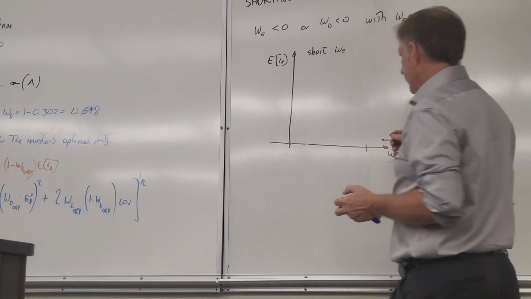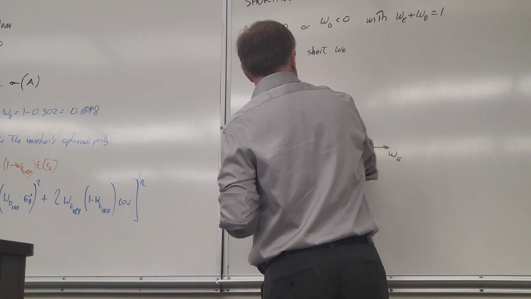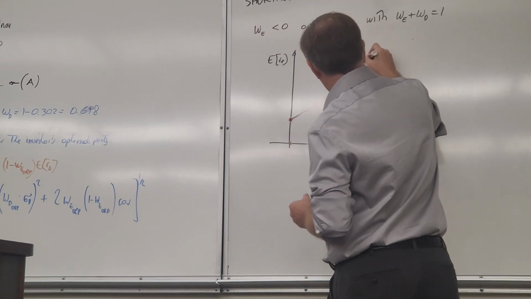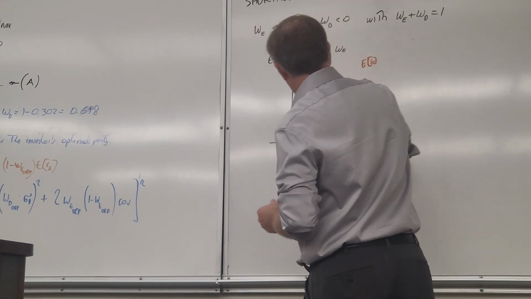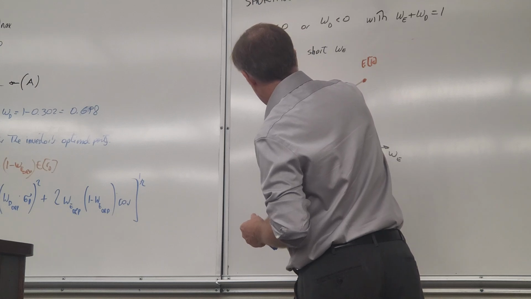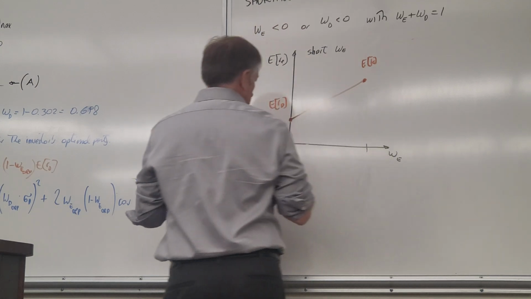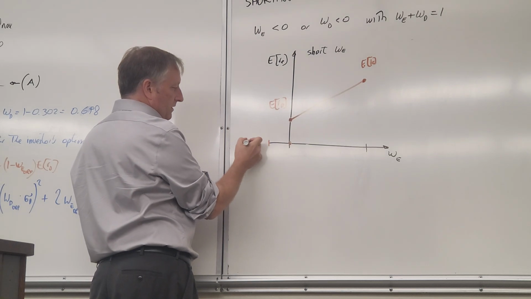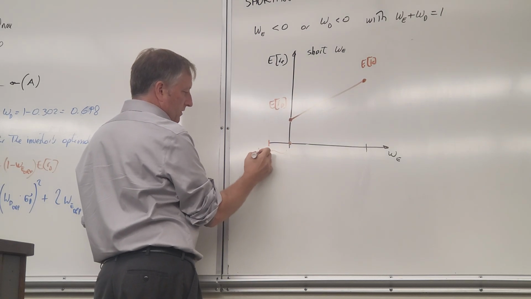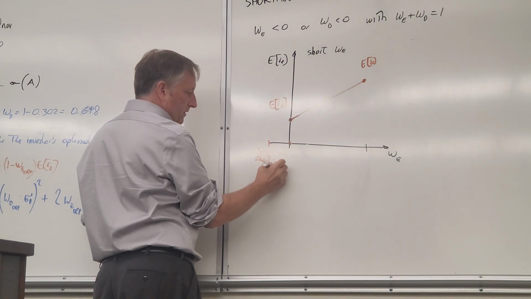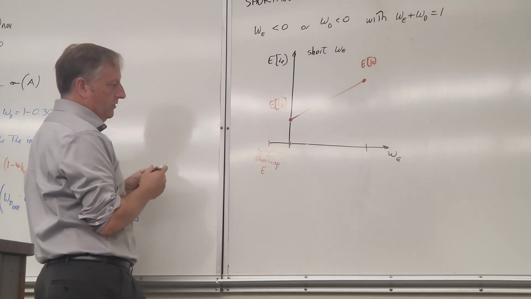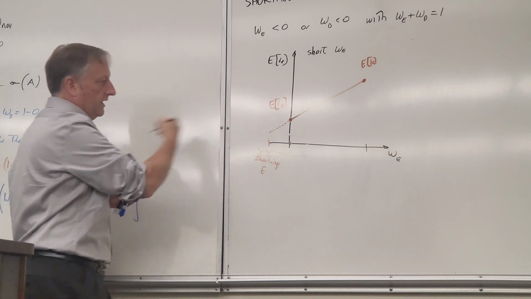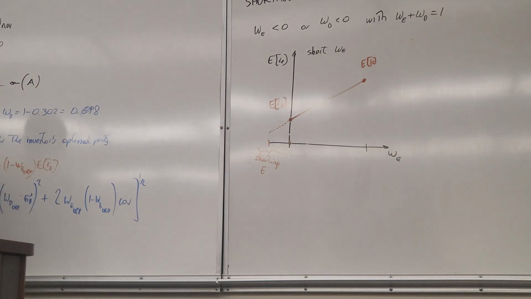So if this is the graph for the expected returns, this is the expected return of E, expected return of D. The fact that you can short E, that means you will extend the graph in that direction.